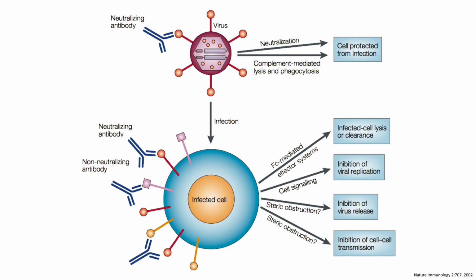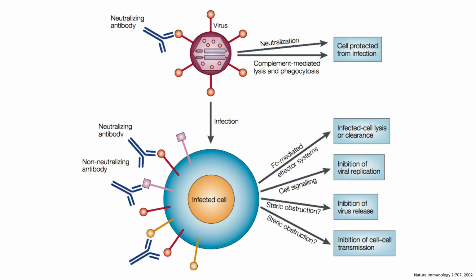Now, antibodies can block infection in other ways that happen later than the attachment and entry steps of virus infection. So we just talked about ways that antibodies bind virus particles. But antibodies can also have an effect on the infected cell, and that's illustrated in this slide.